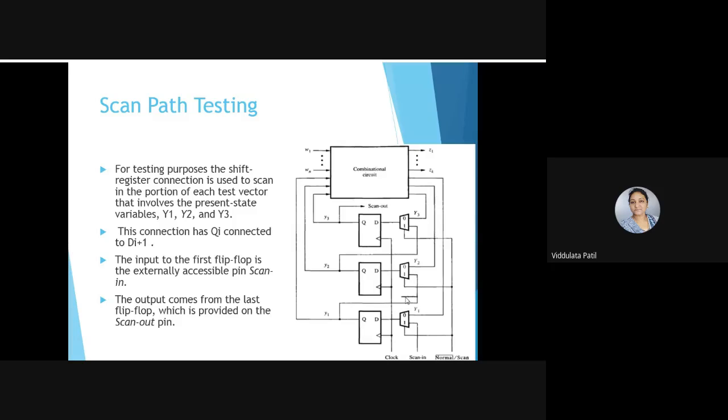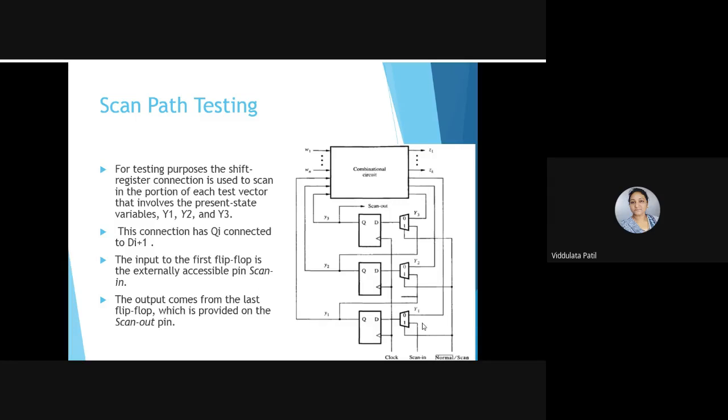And once we have loaded these values, we again make this scan control signal active, and then check the shifting operation of these flip-flops using 3 clock cycles.